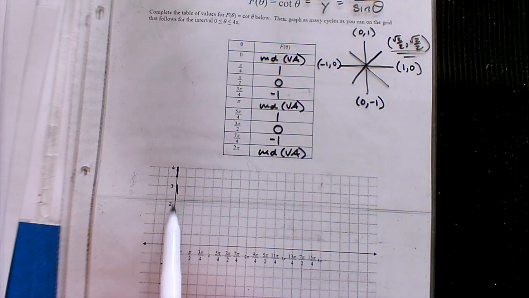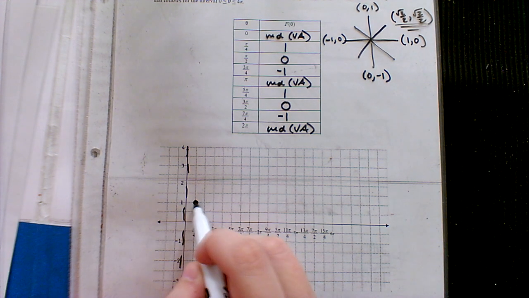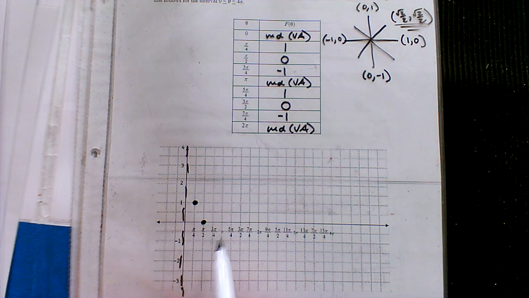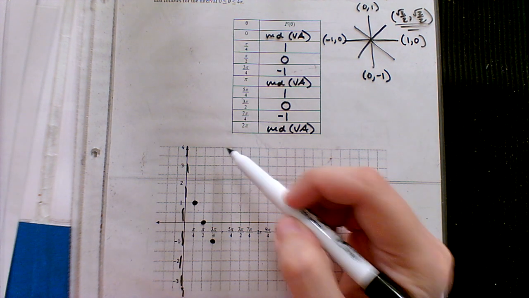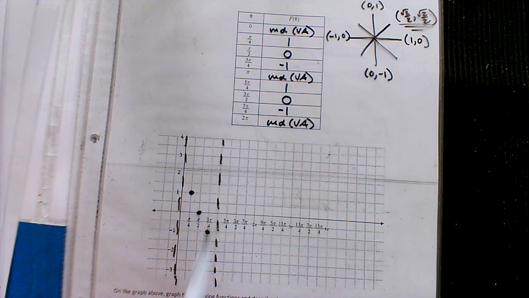All right, let's plot some of these points and characteristics. So at 0, we have a vertical asymptote. At pi over 4 we had 1, and then 0, and then negative 1. Asymptote at pi. If you were to keep plotting, we would have another point at 1, and then 0, and then negative 1, and then another asymptote.